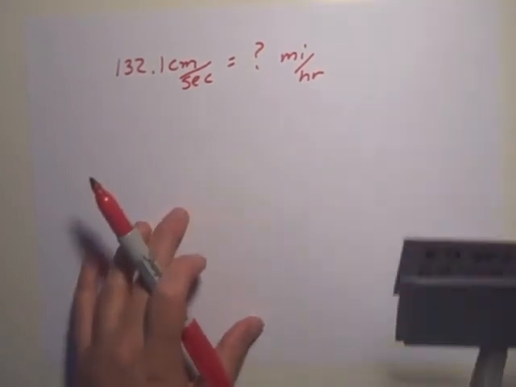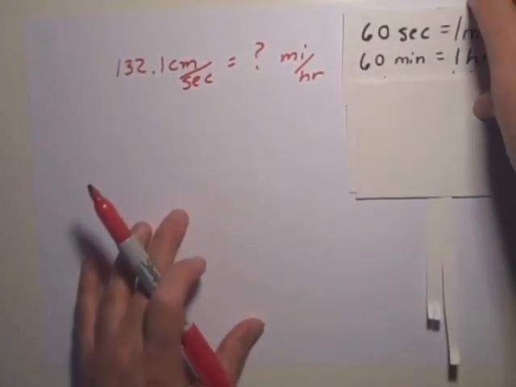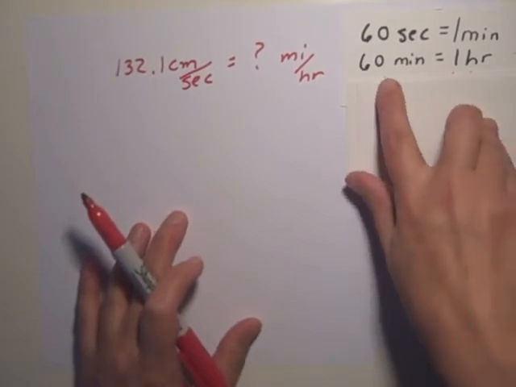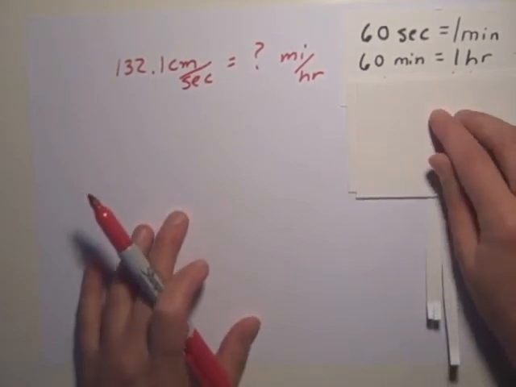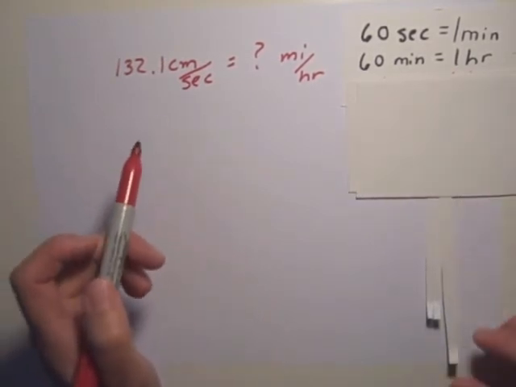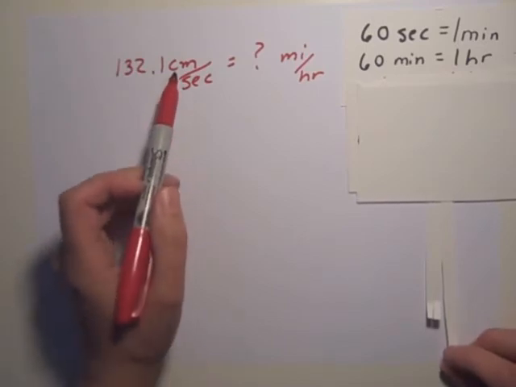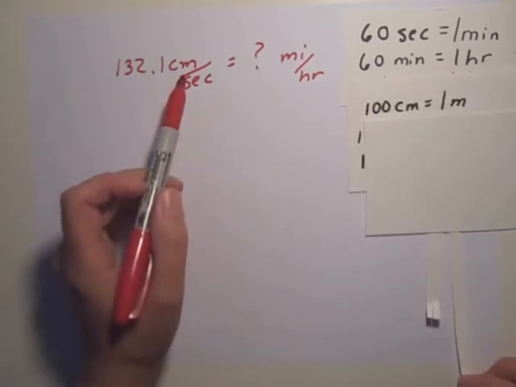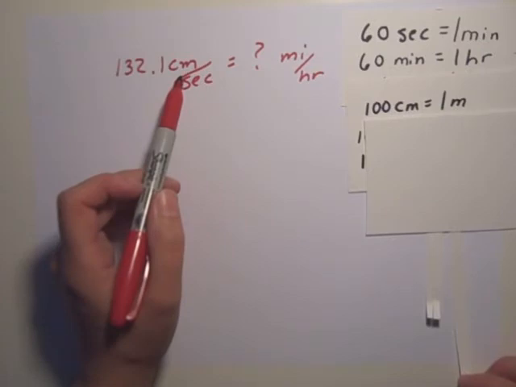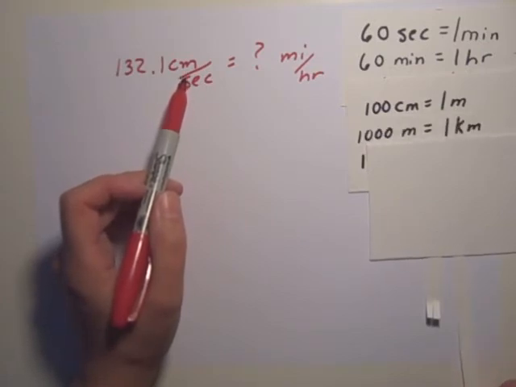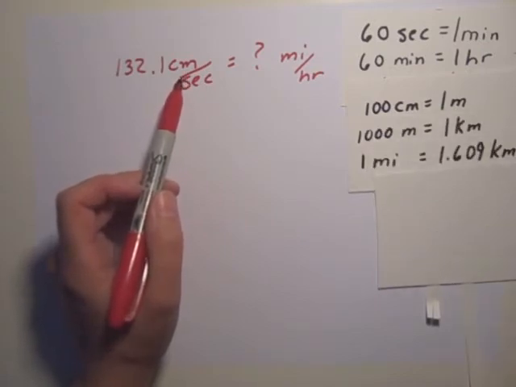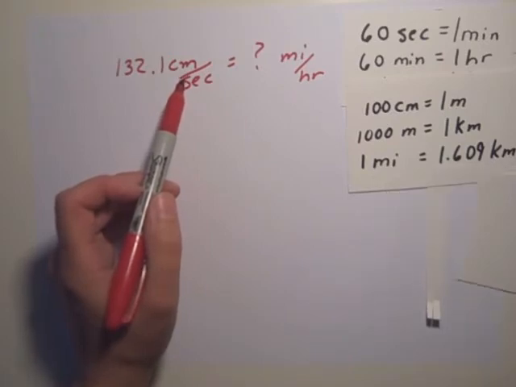From the last thing that we did, we already know that 60 seconds equals 1 minute and 60 minutes equals 1 hour. Now let's look at the distance conversions. Centimeters goes into meters. 100 centimeters equals 1 meter. 1,000 meters equals a kilometer. And 1.609 kilometers equals 1 mile.